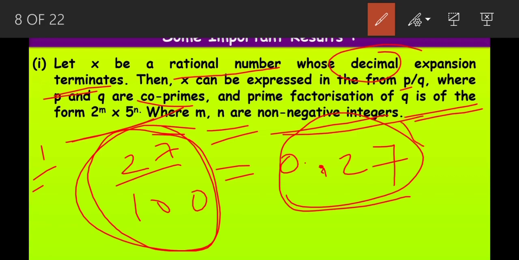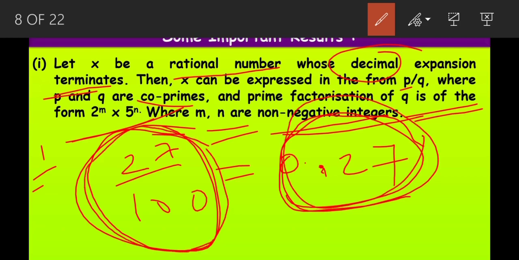So here 0.27 is a terminating decimal. What we have done? We can write it as 27 by 100. What are the factors of 27? 1, 3, 9, 27. These are the factors of 27. What are the factors of 100?